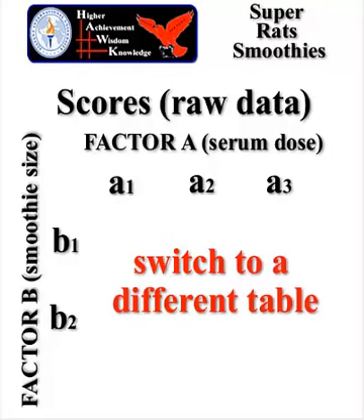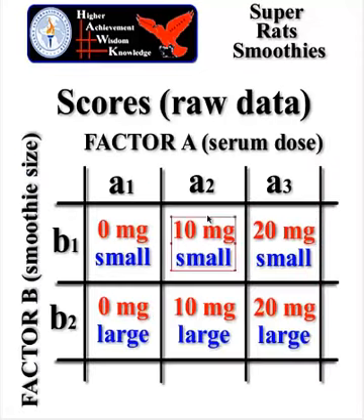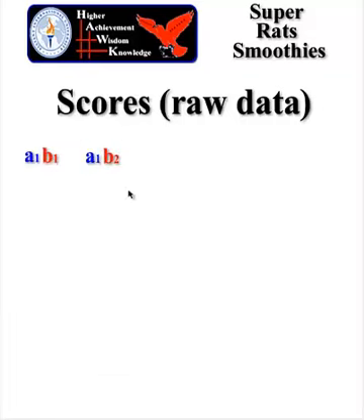But we're going to switch to a different table. So A1B1 is the control group with the small smoothie, right? It looks just like this. It would be this one, A1B1. A1B2 would be the control group, no serum, with the large smoothie. And that's the way it's usually written in most of the books, okay? So that's what these mean, right?